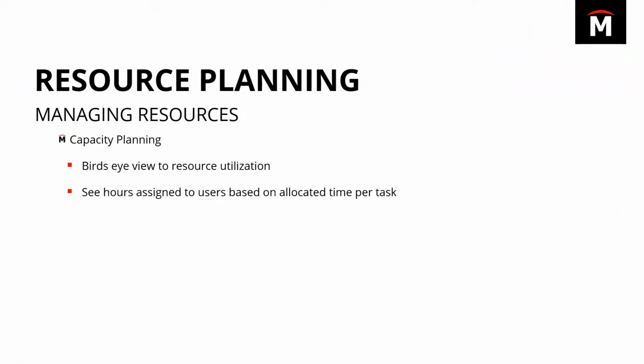So the capacity planning really gives you that bird's eye view. Make sure that you can utilize your resources to their fullest extent, but maybe not overdo it, to keep your workers happy, keep the morale high, and overall just keep up their efficiency. Task charts are a nice way to also visualize the tasks in a different way, to see how they're stacking up on any given day for any particular user for a given project in the capacity planning.